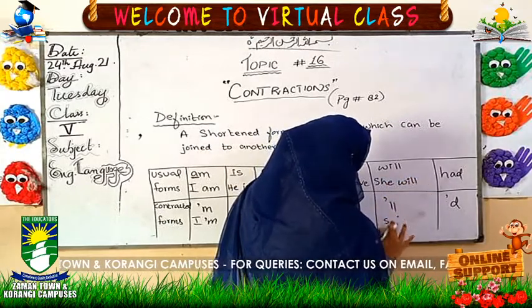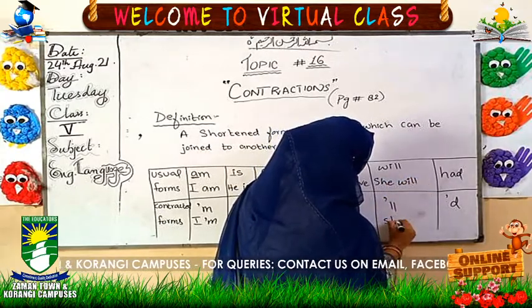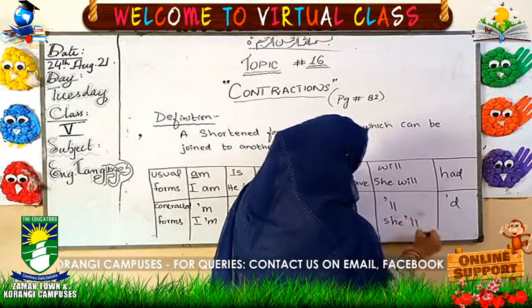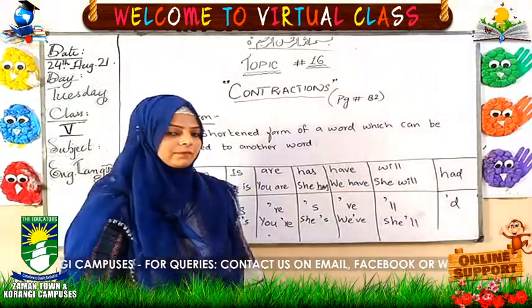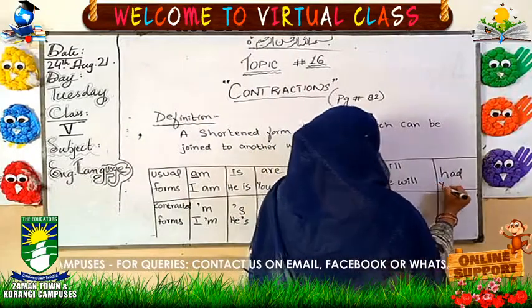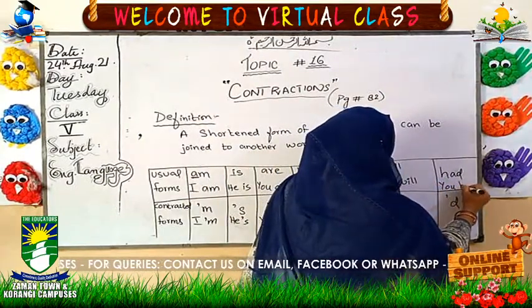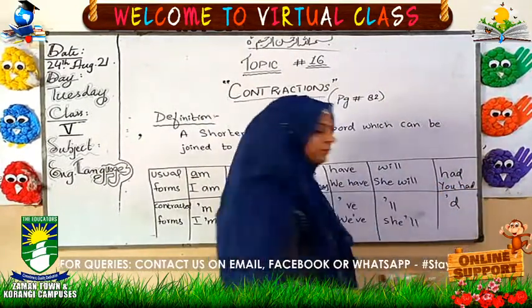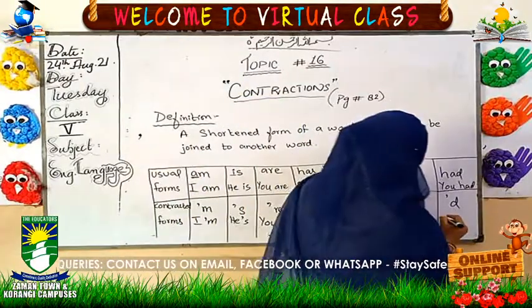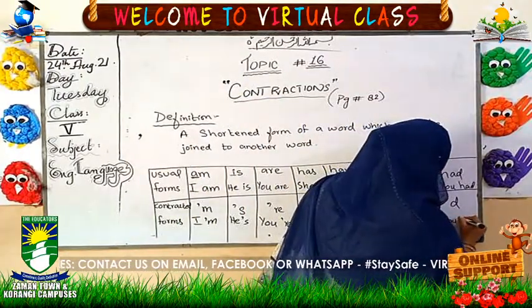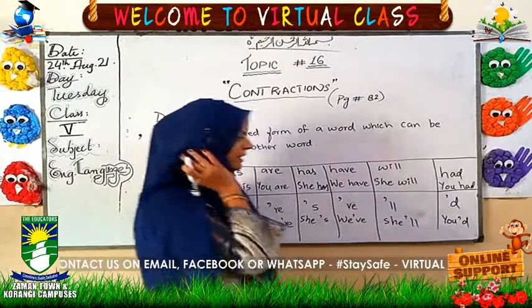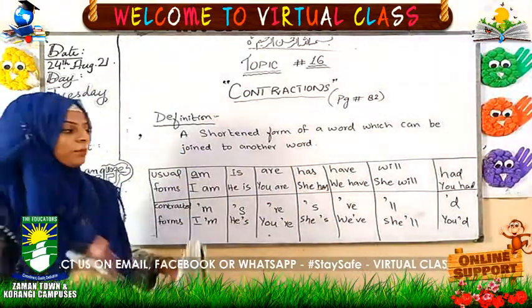She'll. It will become she'll. Now had. Had can be used with any subject. I'm using it with you. You had. What will it become then? You apostrophe d. It will become you'd.